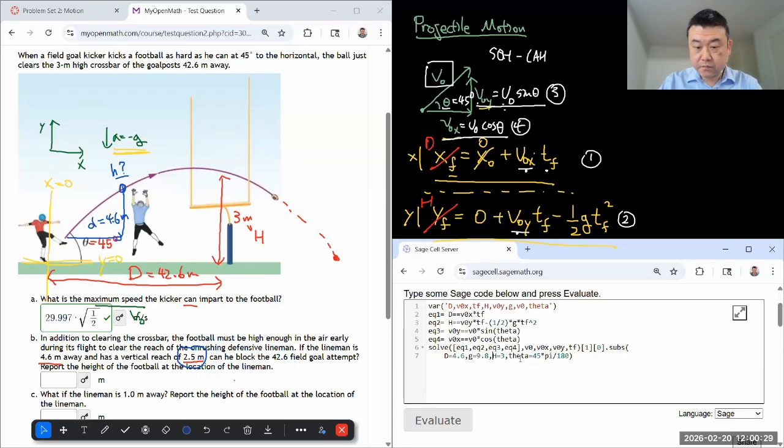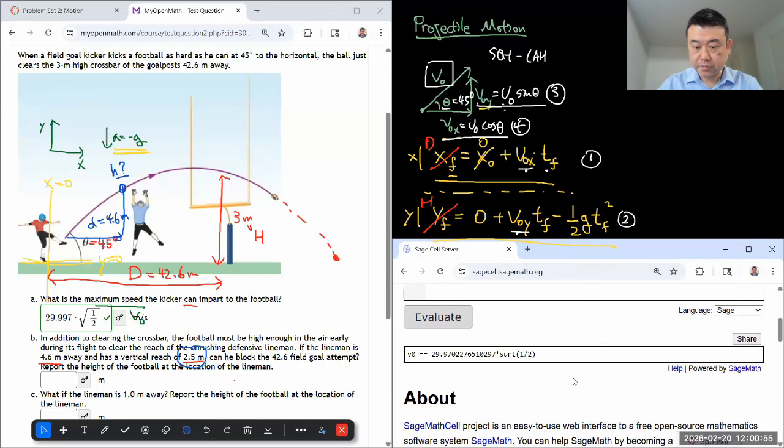And my H will not be specified anymore. Let me just do V not so, and make sure that all works the way it's supposed to.